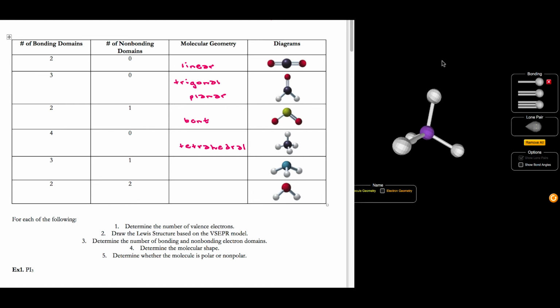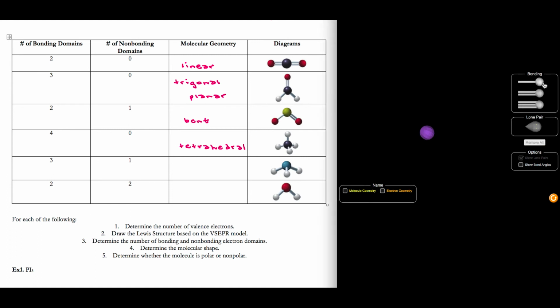For the next one, 3 bonding, so 1, 2, 3, and 1 non-bonding, or 1 lone pair of electrons. If you notice here, this looks a lot like trigonal planar did, except it's not all on one plane now. It kind of looks like a pyramid where you've got the purple atom on top, and then the base is your 3 other atoms.